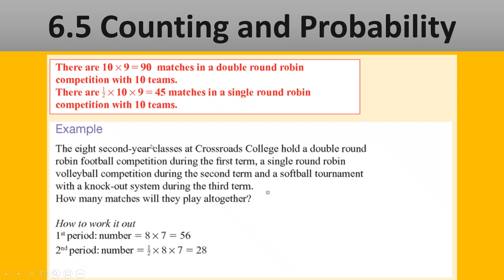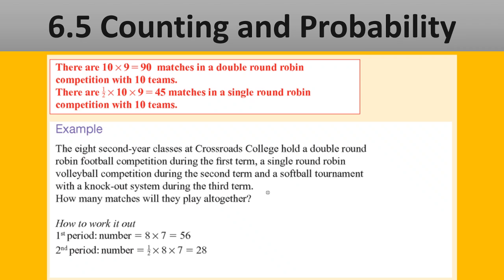So if you have 8 classes, how many matches are there in the first round? Well, not 8, right? Because you have to battle another team. So the first round in a knockout match is 4 matches. 4 times 2, because you battle another team, is 8 teams in total.